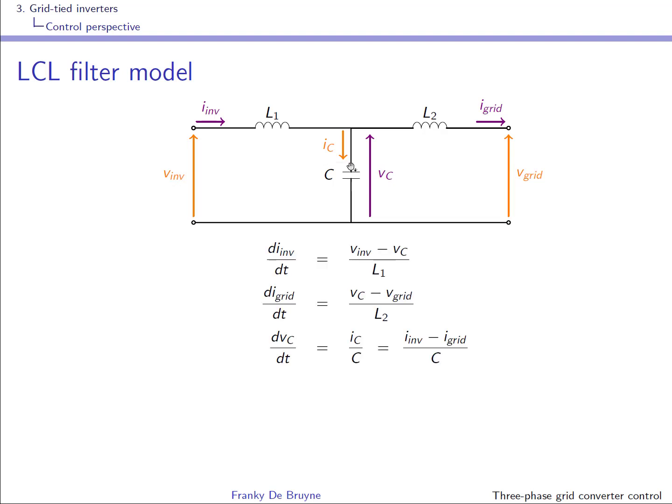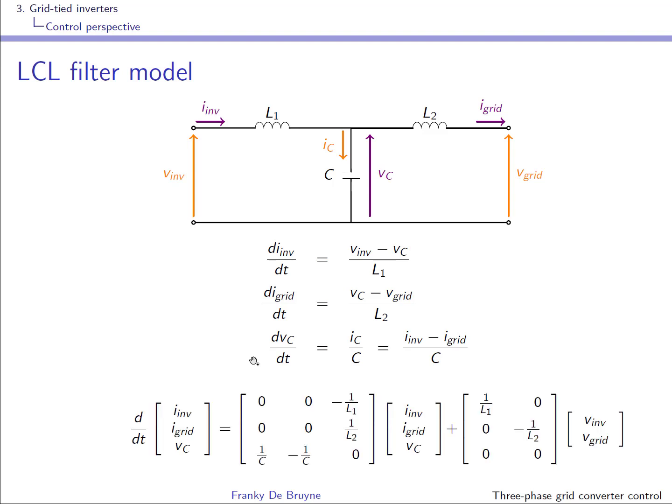You can write the equations, and I won't go over details. It's something that we have done before, and you obtain these three equations. It's kind of normal because you have three elements that can store energy, so you expect three differential equations, and of course you can then put that in state space format. Here you have the A matrix, and here you have the B matrix.